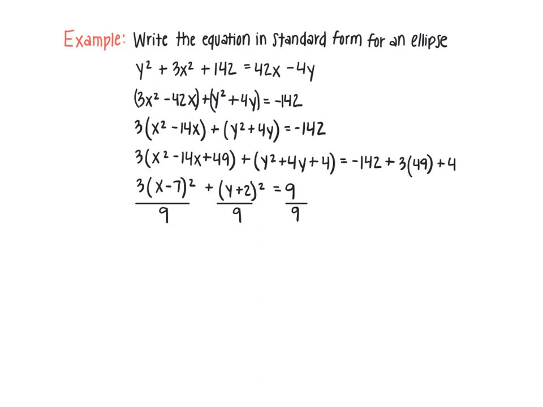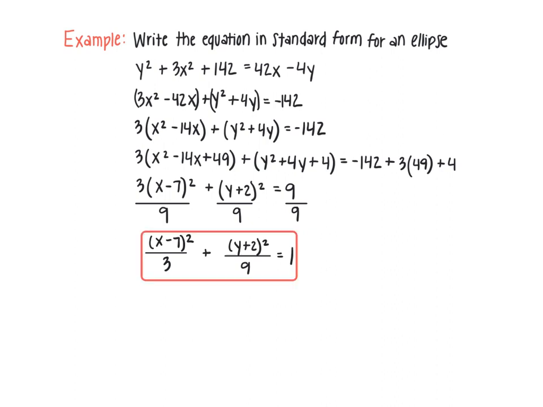So when I simplify everything out here, we know that 3 and 9 share a common term of 3. So this is going to become (x minus 7) squared over 3 plus (y plus 2) squared over 9, and this is all going to equal 1.